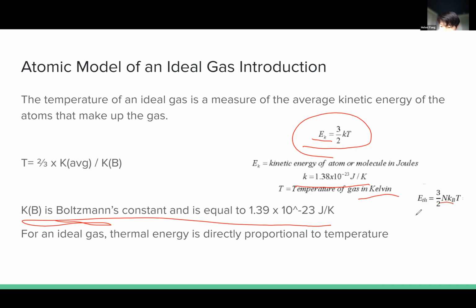It can also be written as 3/2 times N times Boltzmann's constant times T. And to find the temperature, it would be 2/3 times the average kinetic energy divided by Boltzmann's constant.